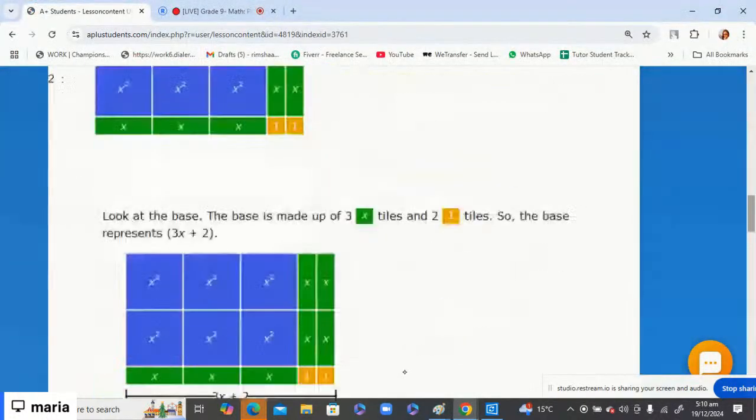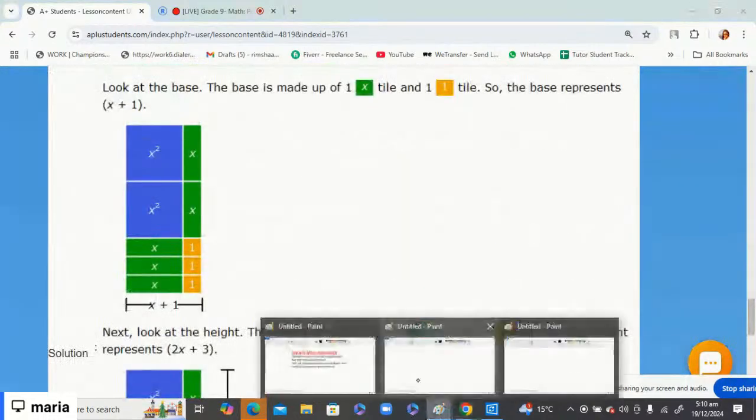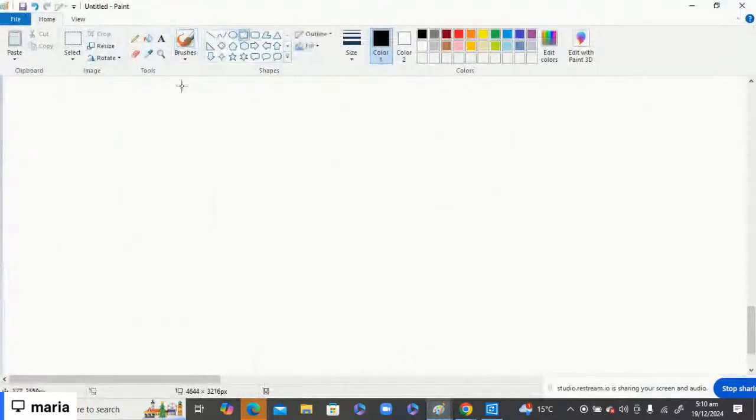This is the way we get it. Let's take another example.